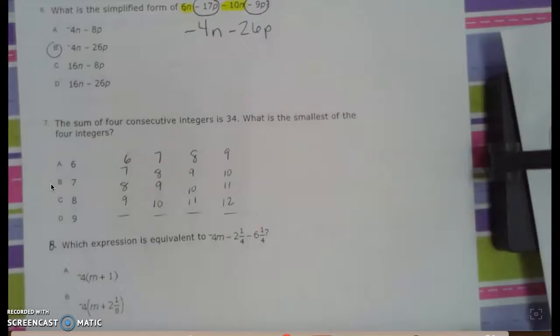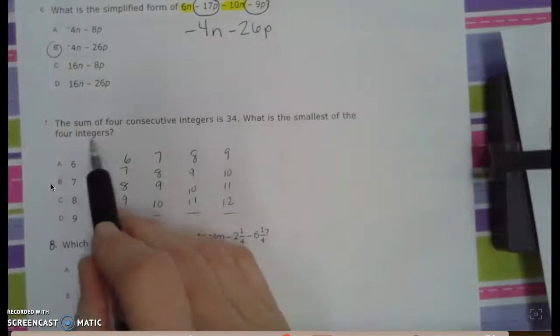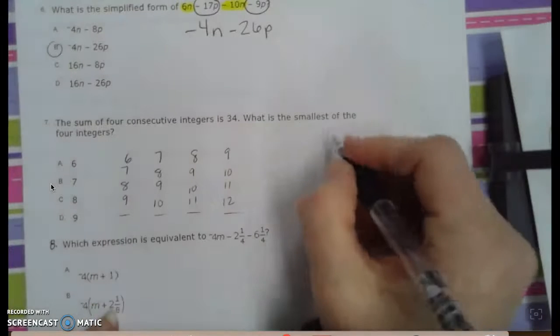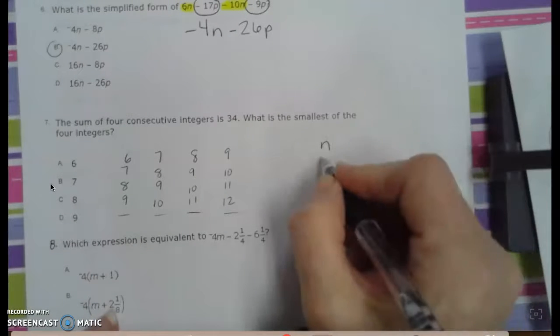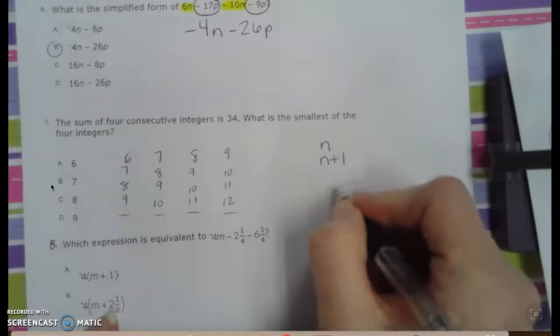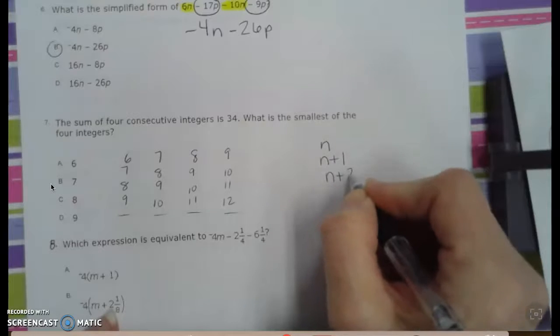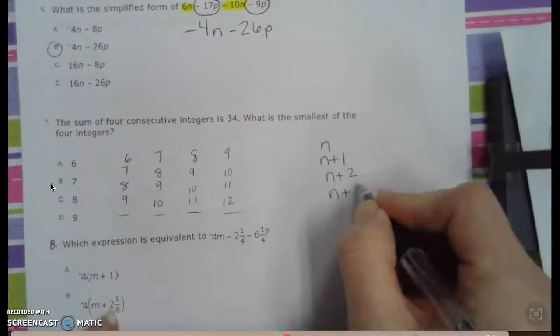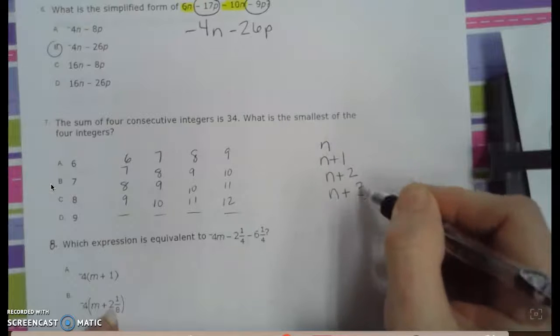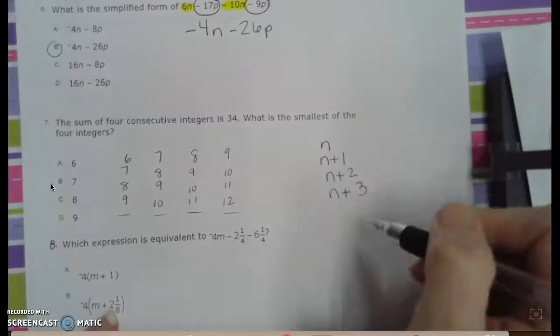But what the goal is, if the sum of 4 consecutive numbers, so the first number is n, the next one is n plus 1, and then n plus 2, and n plus 3. So that's 4 numbers, and each time one gets one bigger.